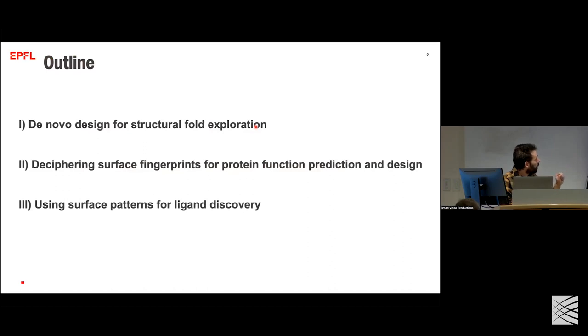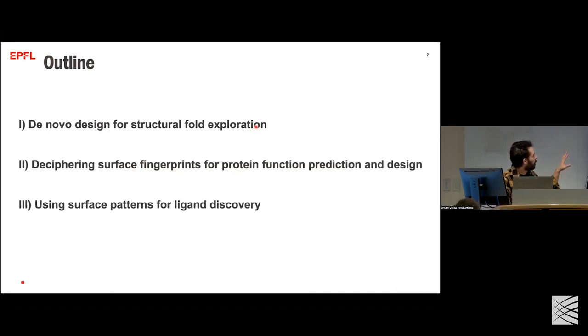Today I'll tell you about three different topics that we've been working on in the lab. One of them is related to de novo design and how we can use different types of machine learning approaches to help us with a structural fold exploration problem. Then you're going to have a follow-up from Casper, who will focus a lot on this problem and tell you more or less the latest things we've been doing.